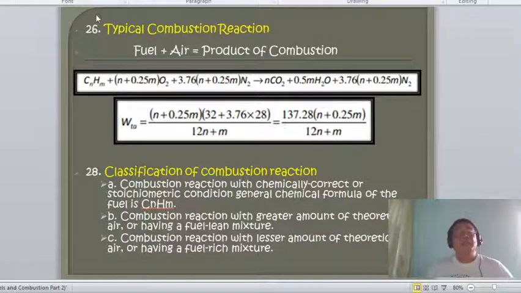Air is composed of oxygen and nitrogen, that is why we have here oxygen and nitrogen.